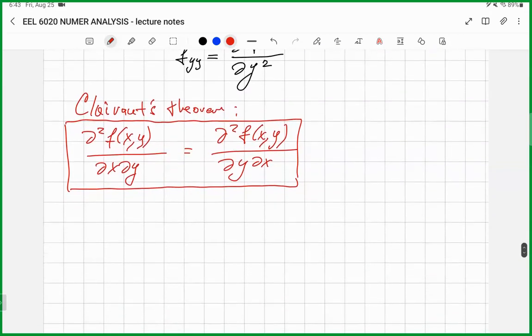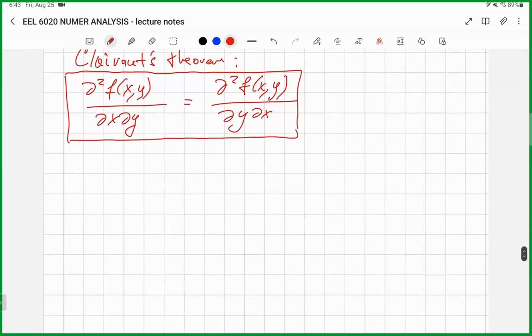So far it was about a scalar function f of x, y, but how do we take the derivative of a vector function and a tensor function?